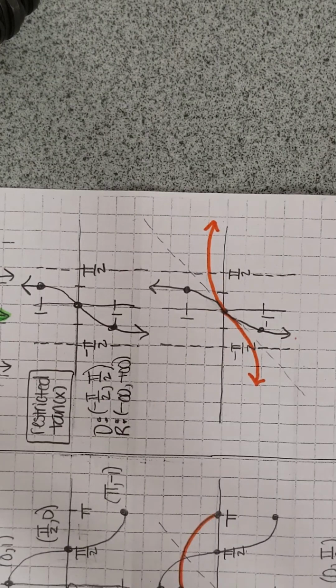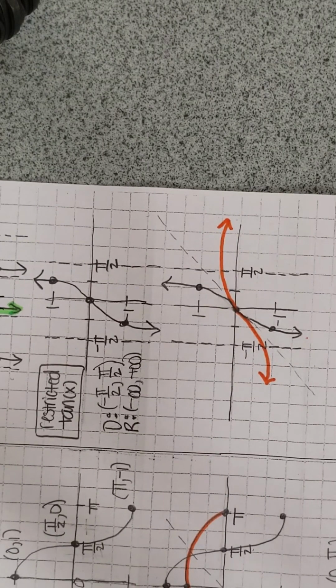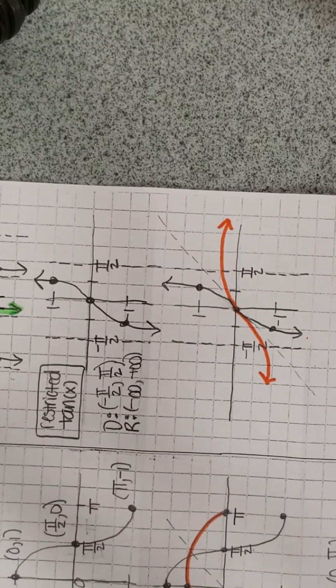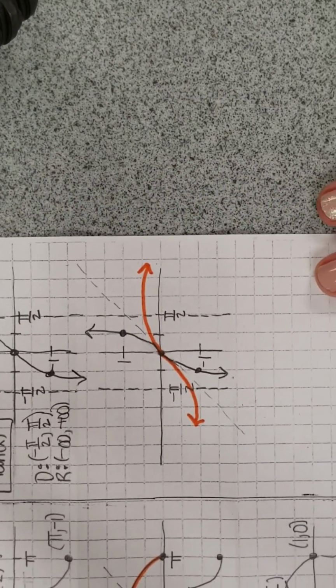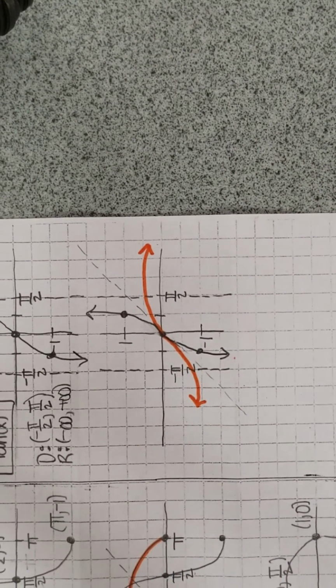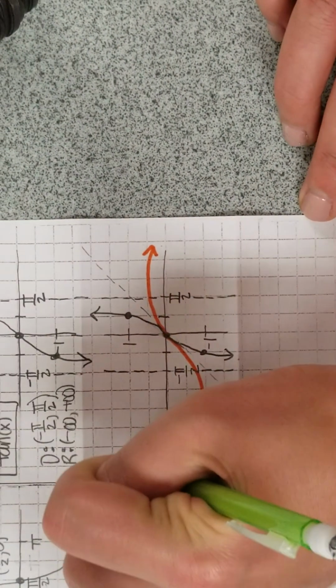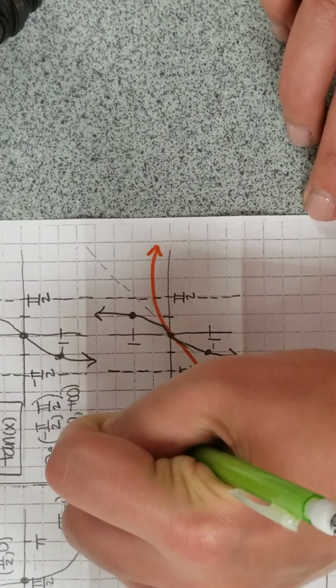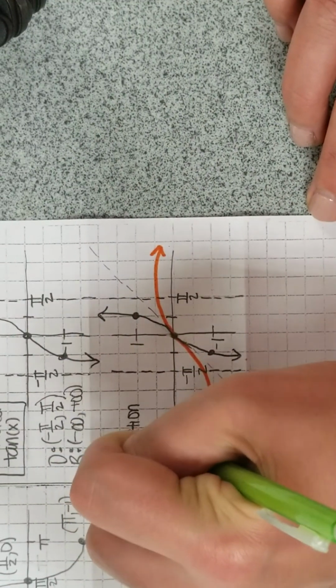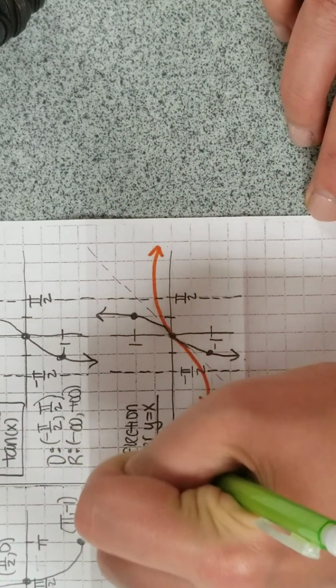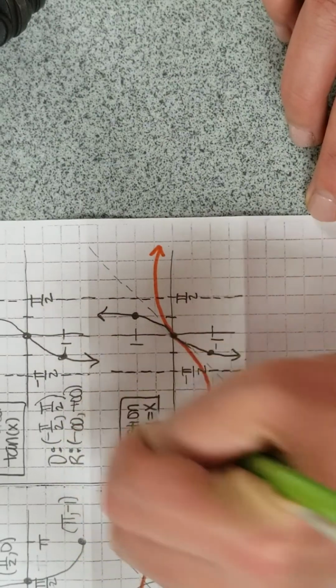So this is a rough visualization of that reflection. So now we know the general shape. Let's get a little more specific. So this was reflection over y equals x.